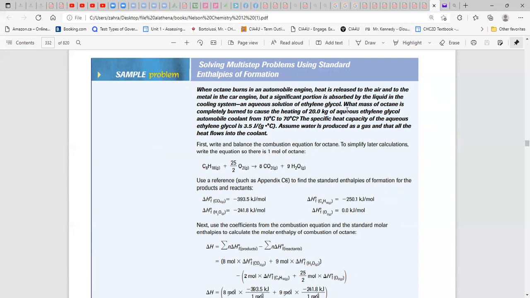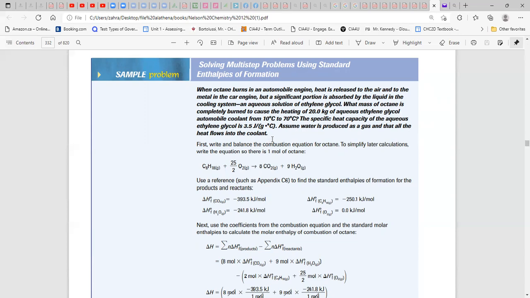What mass of octane is completely burned to cause the heating of 20 kilograms of aqueous ethylene glycol automobile coolant from negative 10 to 70 degrees? The specific heat capacity of the aqueous ethylene glycol is given as C. Water is produced as a gas, and all heat goes into the coolant.